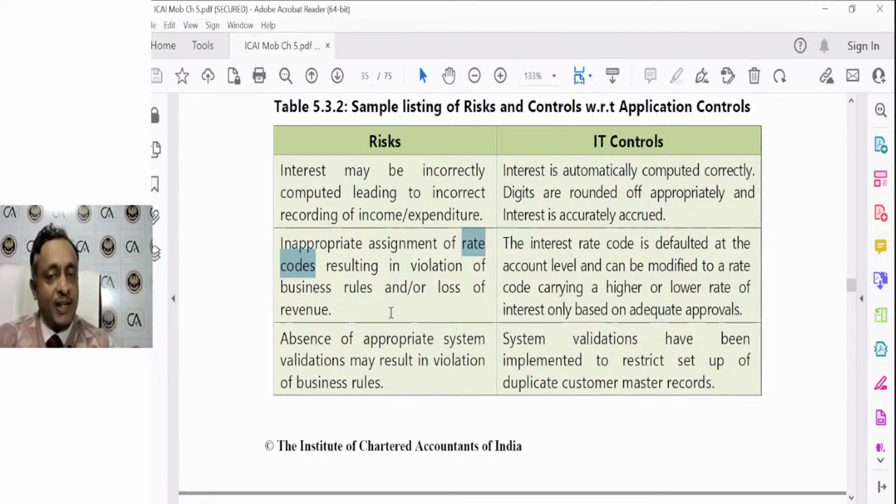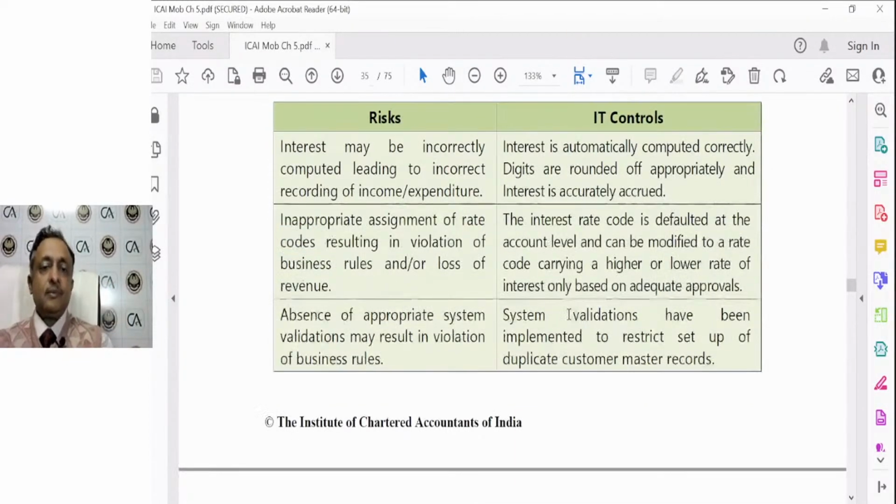They specify the rate of interest and tag it to the rate code, so that for each borrower they need not specify the interest separately. They will only give a rate code. That is the point. So the interest rate code is defaulted at account level and can be modified to a rate code carrying a higher or lower rate of interest only based on adequate approval. So this rate code has to be predefined and linked. If a modification has to be done, it can only be done with an approval.